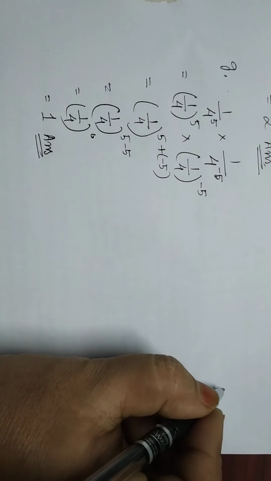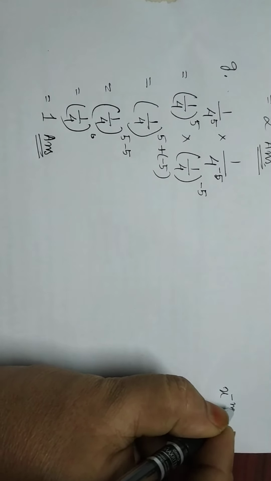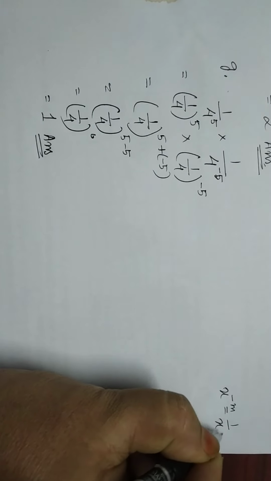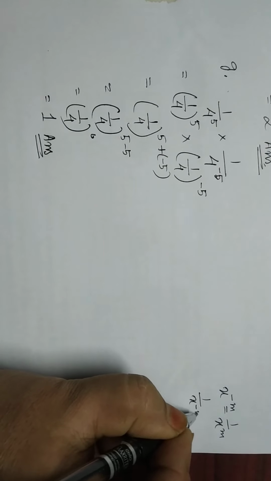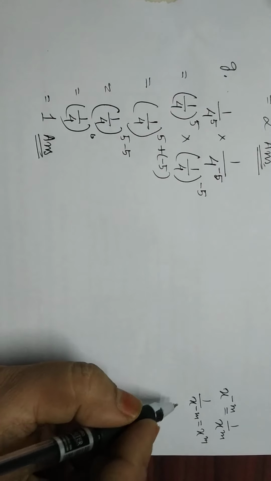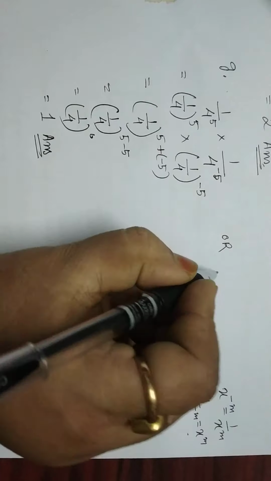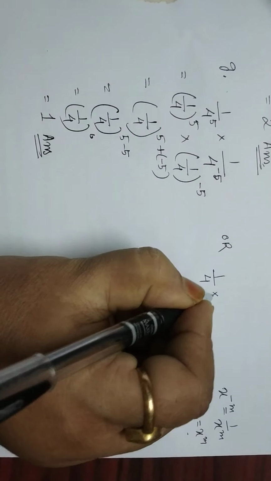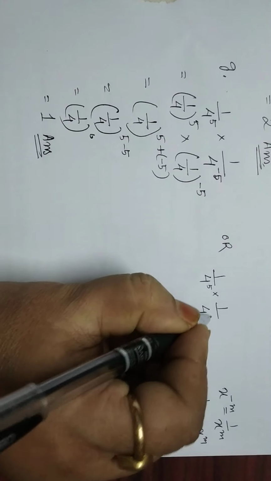Another identity: x to the power minus m is equal to 1 by x to the power m, or 1 by x to the power minus m is equal to x to the power m. With the help of these properties, we can do this one also. 1 by 4 to the power 5 into 1 by 4 to the power minus 5.